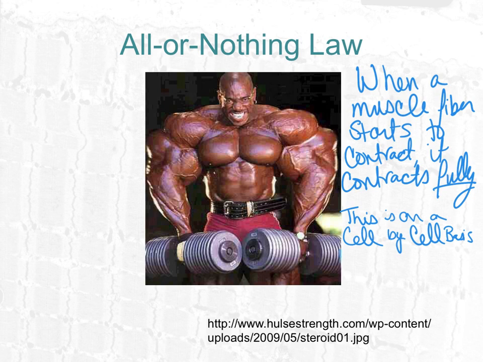But it doesn't mean that your entire bicep muscle is going to contract. It means that one muscle fiber, one cell within the bicep, will contract. So it's not that your muscle is going to contract all at once. It's just for that particular cell, once it starts, it has to continue.